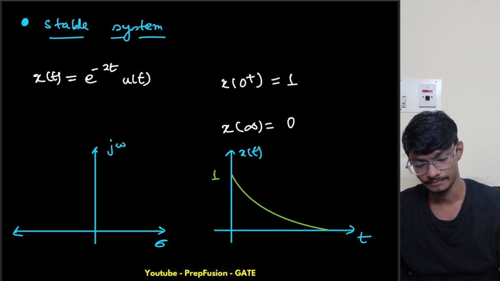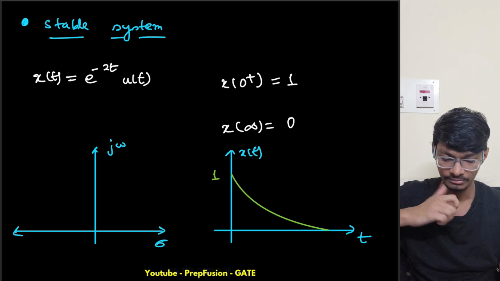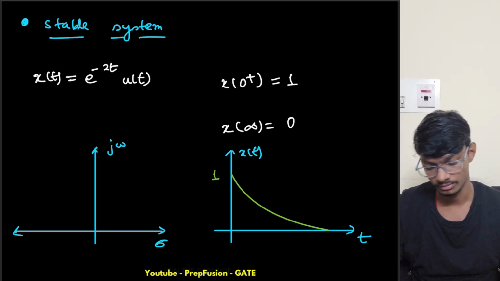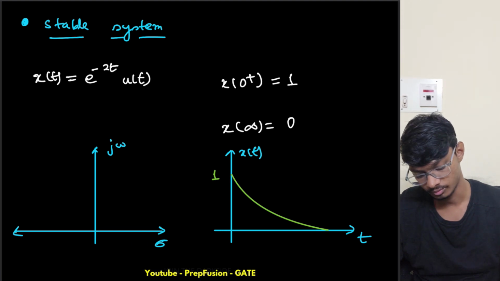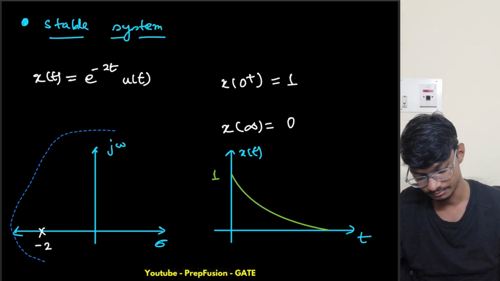So what does this represent? If you do the inverse Laplace, you can see that we have a pole at s equals minus 2. Through the inverse Laplace, you will find this. So this is the s plane.